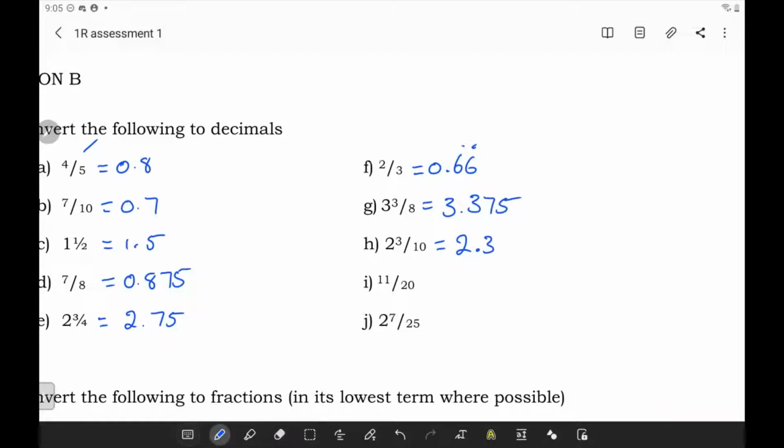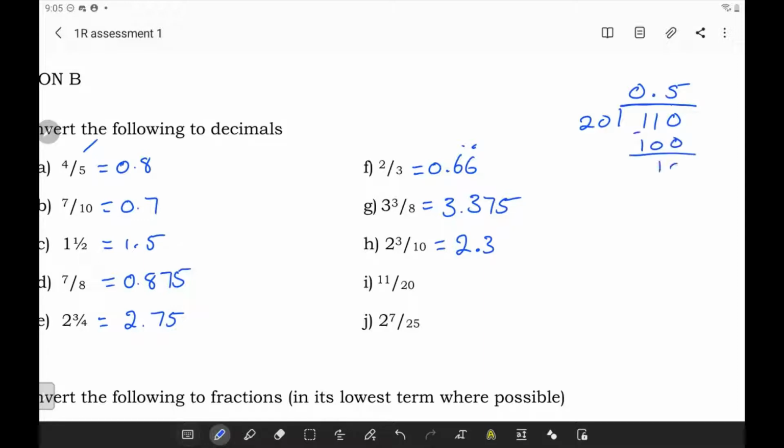11 over 20. Let's just see the working for this one. 20, 11, 11 on the inside, 20 on the outside. So 20 into 11 is 0. So the point, 20 into 110 is exactly equal to 5. 5 times 20 is 100.